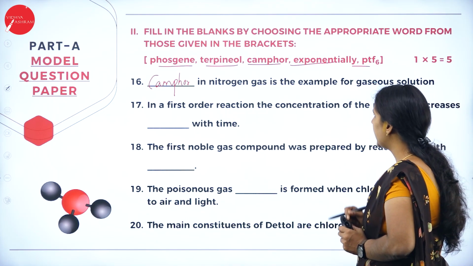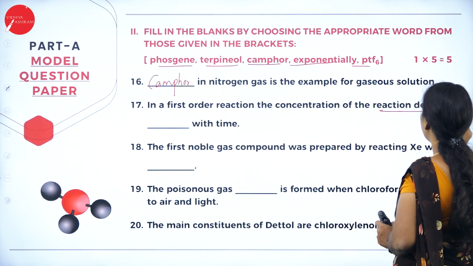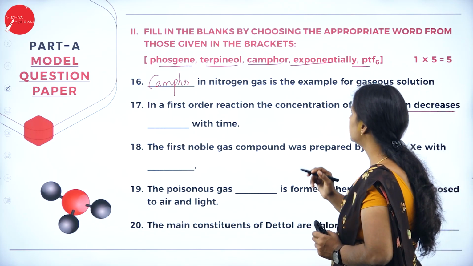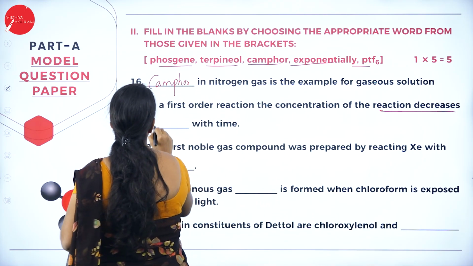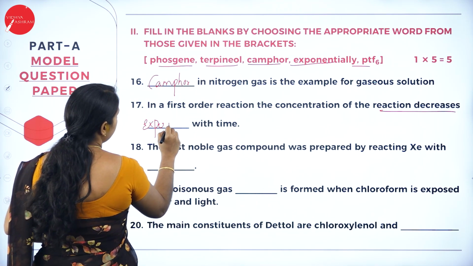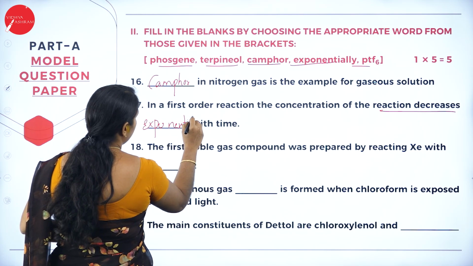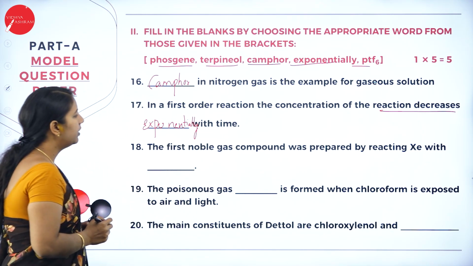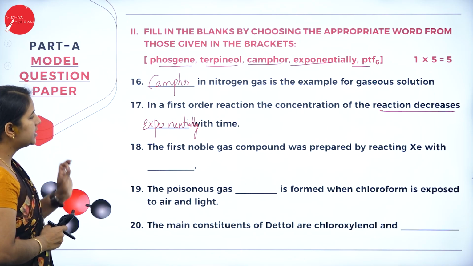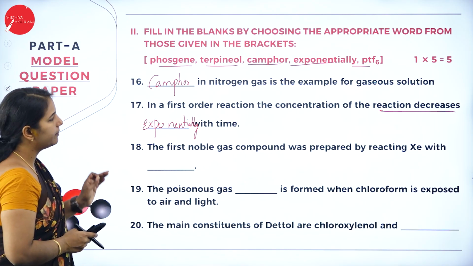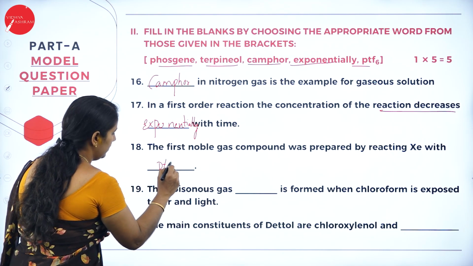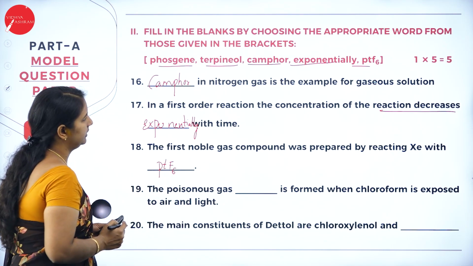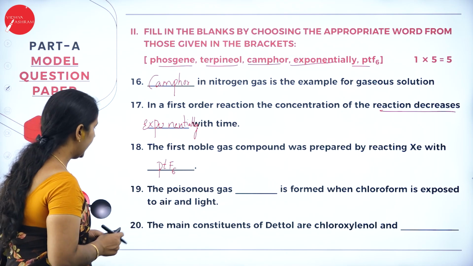In a first order reaction, the concentration of reactant decreases exponentially with time. Okay. Next, the first noble gas compound was prepared by reacting xenon with platinum hexafluoride, that is PtF6.